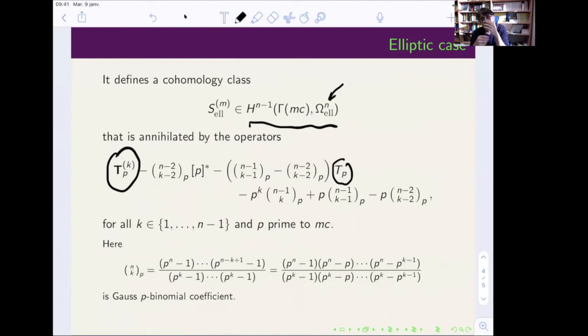There is one thing related to K-theory that we are pursuing, but it's not so clear. It produces a lot of very explicit cohomology classes, but what's next is not so clear.